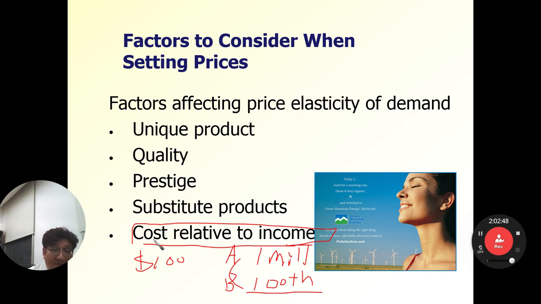You can divide their payment. Instead of paying a lump sum up front, you can make a monthly payment for expensive goods, then people perceive the cost for the same product a lot lower than the lump sum payment. That is a way to adjust this cost relative to income.